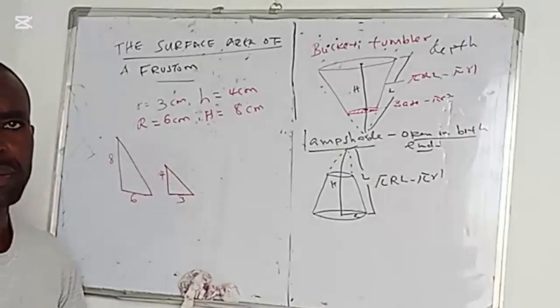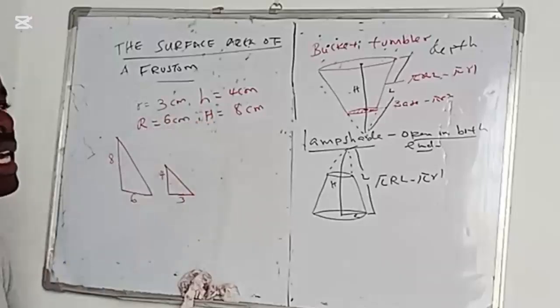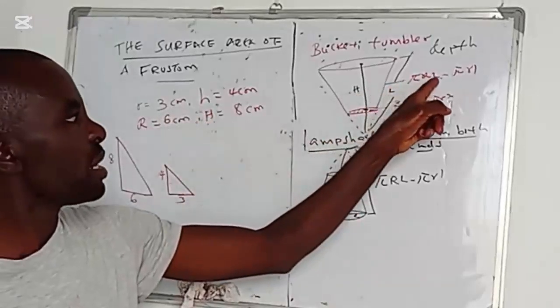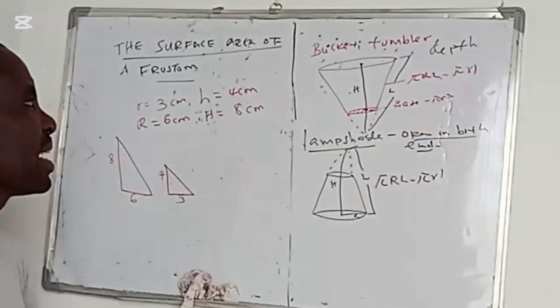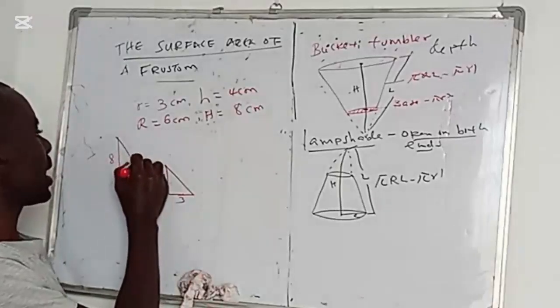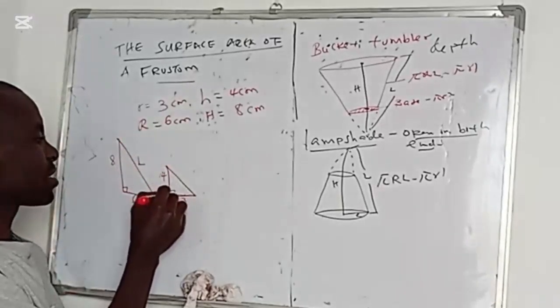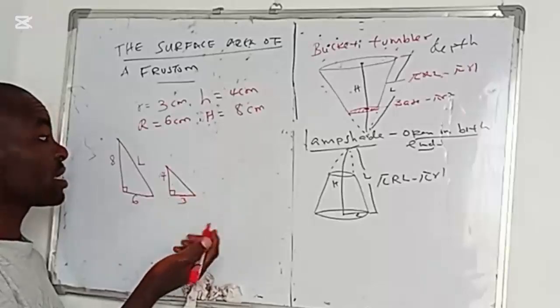Why do we do this? We do this because what we are interested in is not the vertical height but the slant height. From the formula we are talking of L and l. So from the big one, we want to get our capital L, the slant height. If you look, this is a right angled triangle. Therefore, we use Pythagoras theorem.